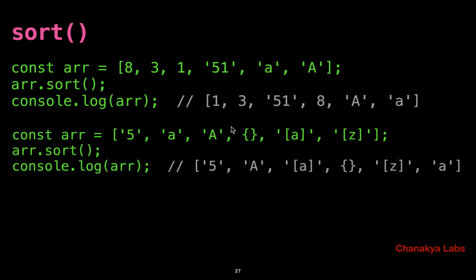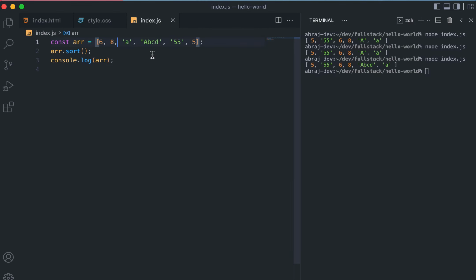Okay, this is the example we discussed. Now let's see a few more examples. If I do something like this and sort, something like this comes out. Why is that?